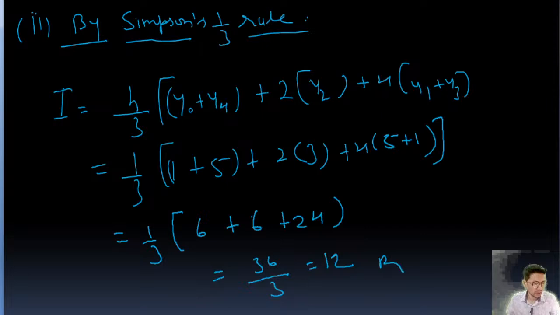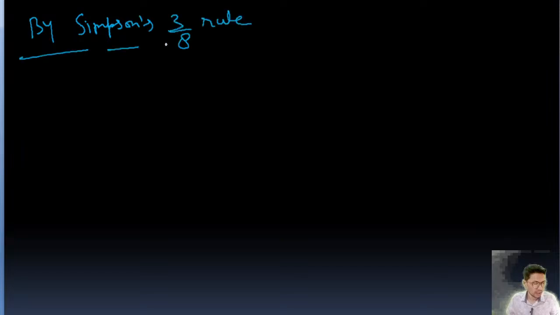Now we'll solve the same question by Simpson's 3 by 8 rule. Okay, so same, there is a formula for it, right? 3h upon 8, I have already told, right?